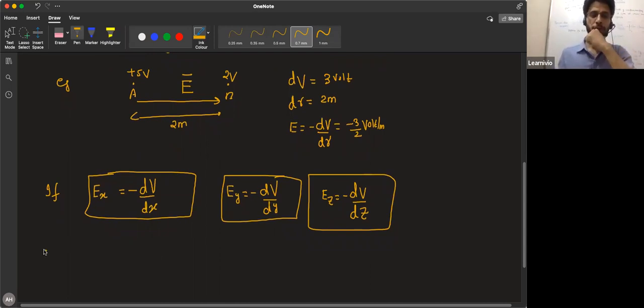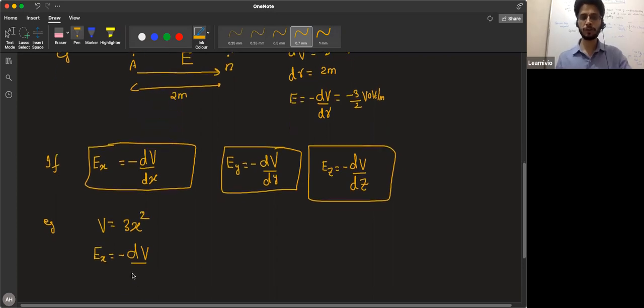So, for example, if your potential is 3x square, means your potential is changing along x-axis, and it asks you to calculate x component of field, then x component of field will be simply minus of dV over dx. Just differentiate this potential with respect to position.